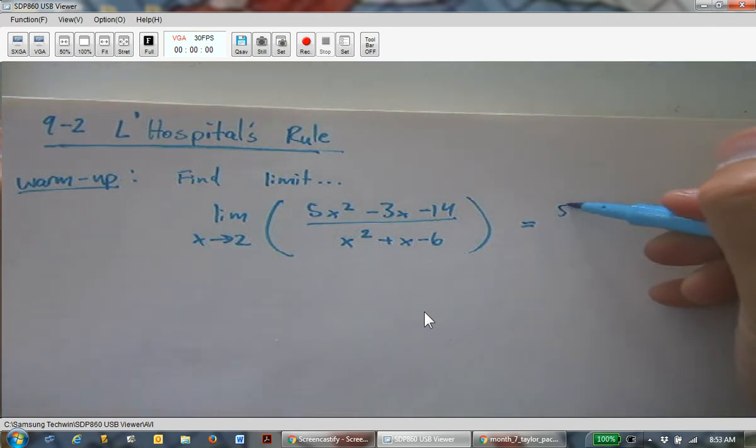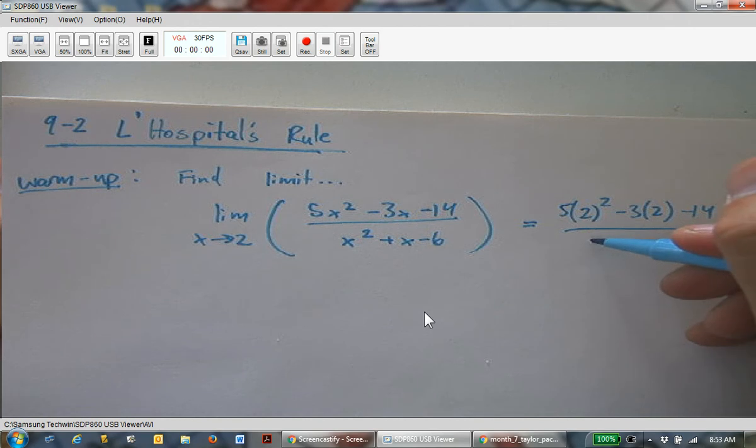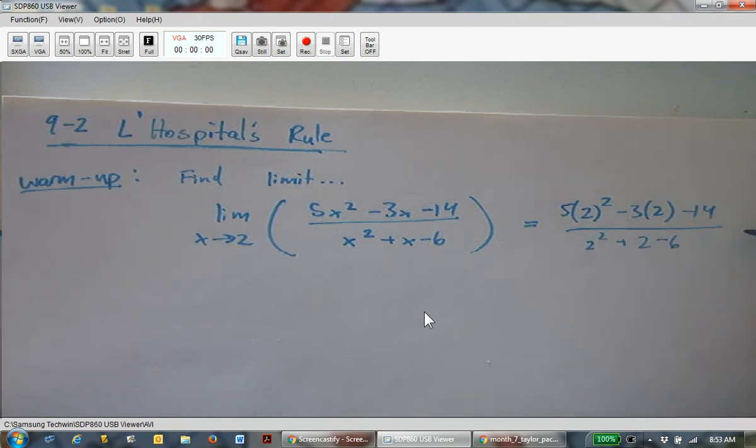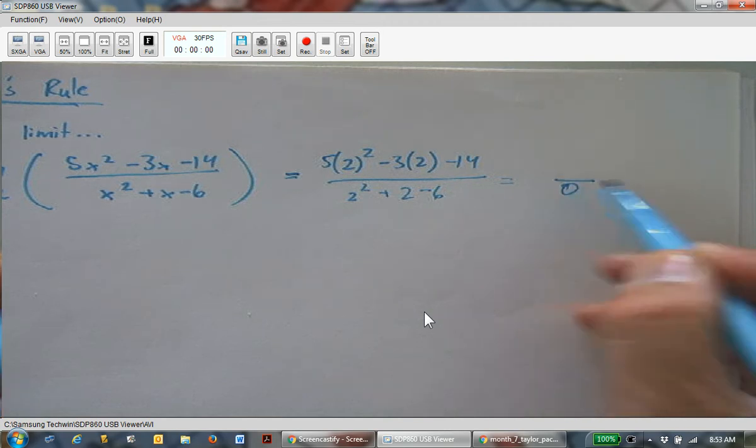So if you did 5 times 2 squared minus 3 times 2 minus 14 over 2 squared plus 2 minus 6, on the bottom you should recognize that that's 4 plus 2 minus 6. That is 0.